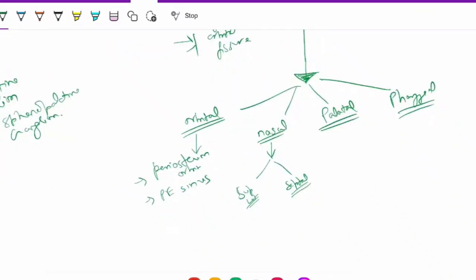It supplies your mucosa. This also supplies your mucosa over the septum, and this supplies the nasal mucous membrane, that is nasal mucosa on the inner lateral wall.